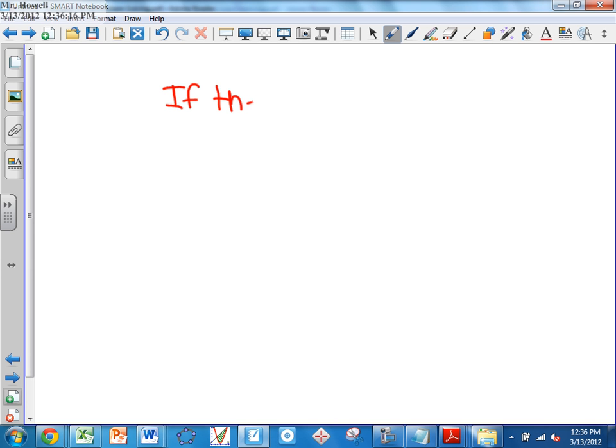Function is abbreviated as FN. So if the function is multiplying or dividing, then choose one of your arguments to be known as u.